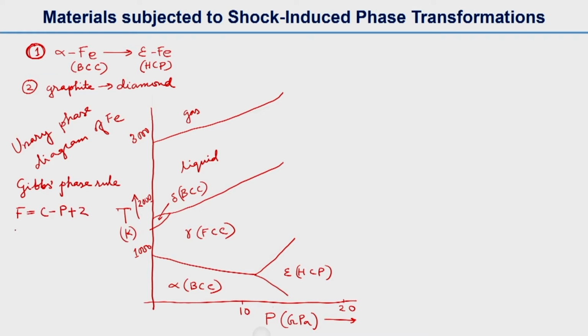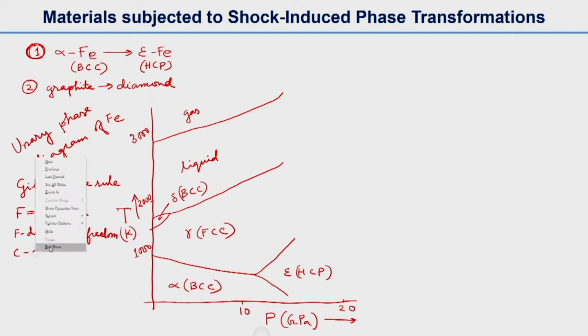F is the number of degrees of freedom. I will not write the word number here due to less space, but please understand that these are all numbers.